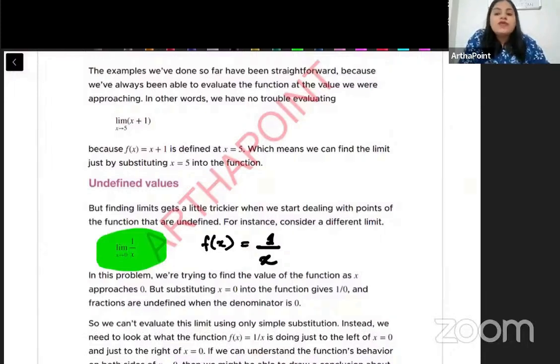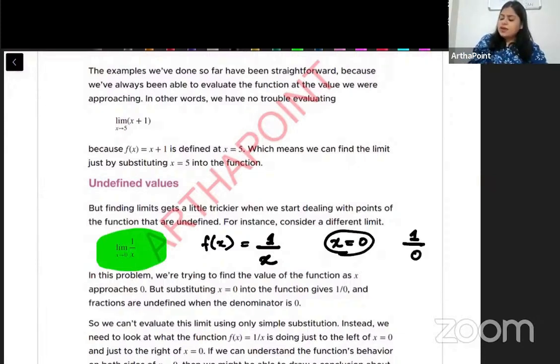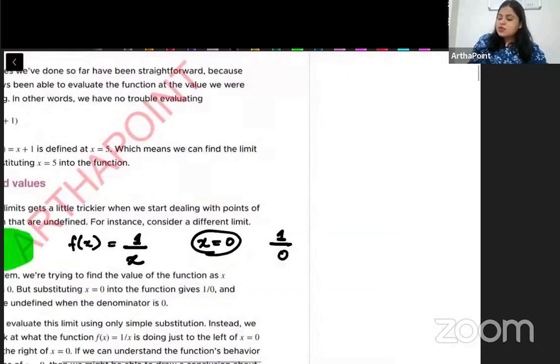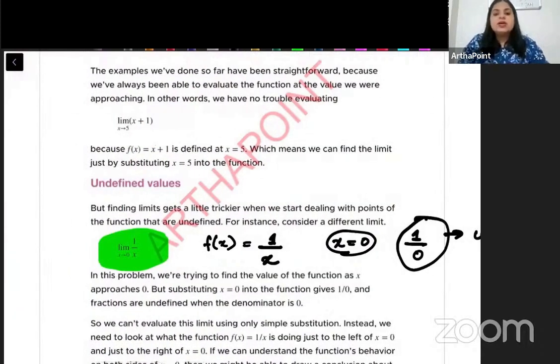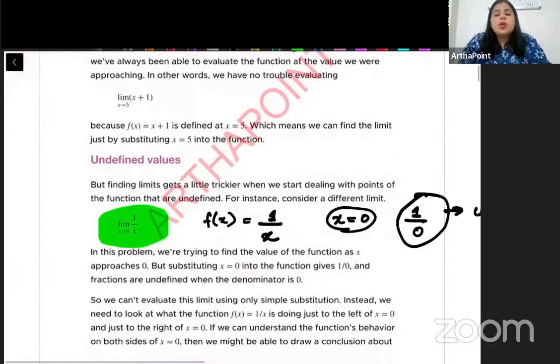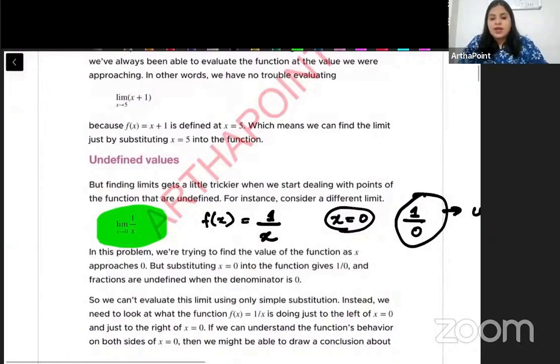If I simply put x equal to 0, then I will get 1 by 0. And 1 by 0 is an undefined form. We cannot have 0 in the denominator. So when we have 0 in the denominator, we cannot evaluate what will happen.